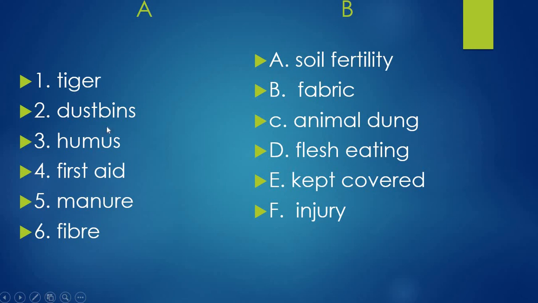Tiger, dustbins, humus, first aid, manure, fiber. Column B options are soil fertility, fabric, animal dung, flesh eating, kept covered, injury.